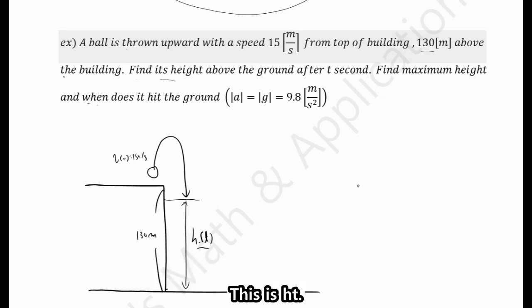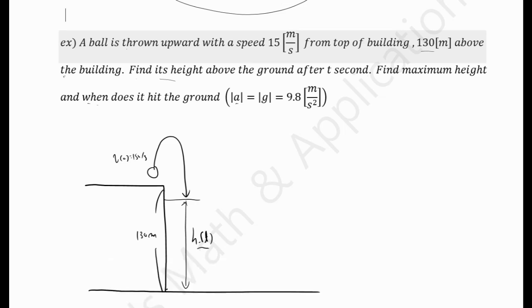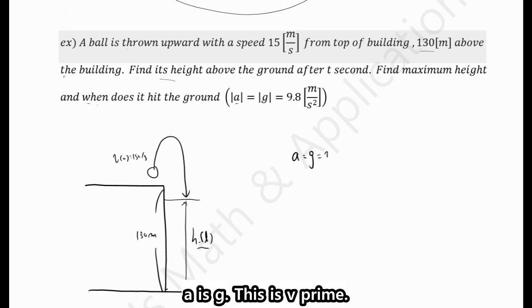This is h(t). The acceleration is minus 9.8 meters per second squared, so a is g. This is v prime, which is minus 9.8.